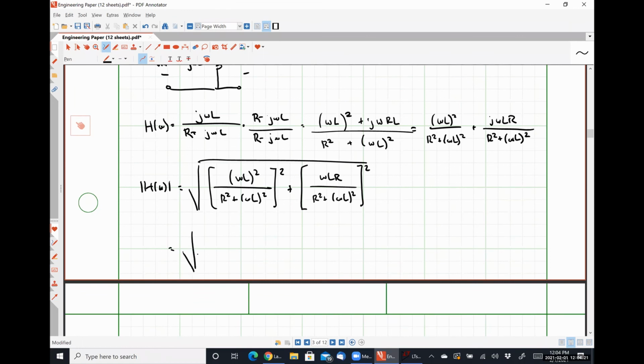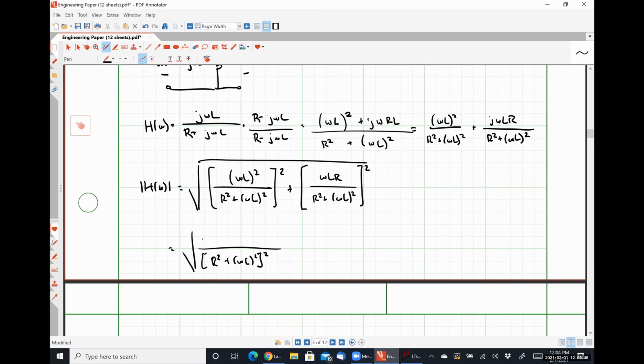Okay, so we're going to have a common factor of (R squared plus omega L squared) quantity squared. In our numerator, we're going to have omega L to the 4th power plus omega L squared R squared.